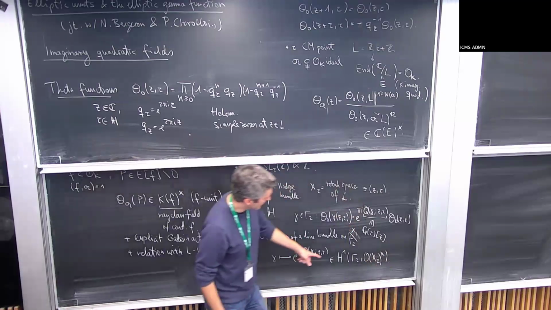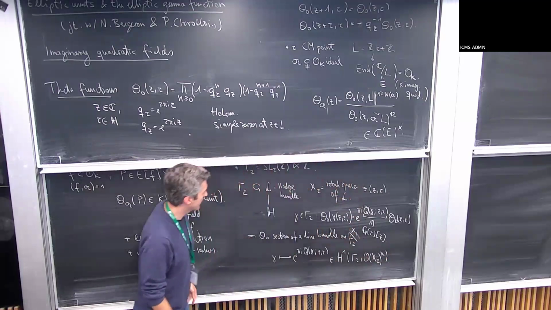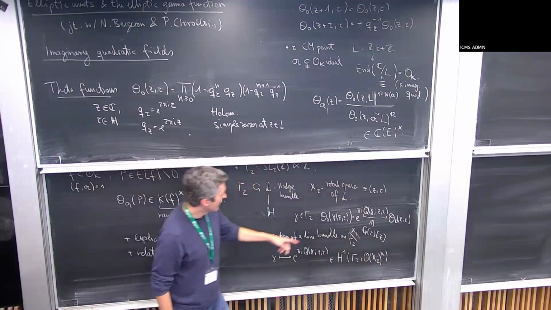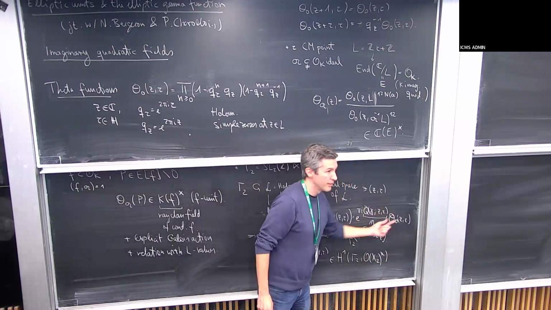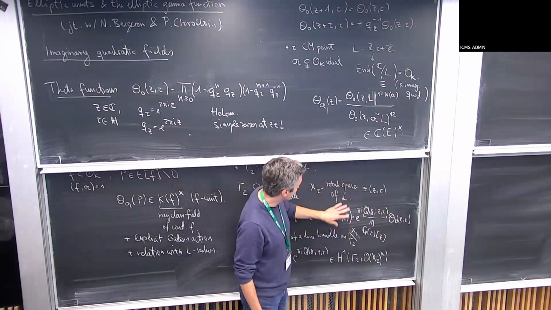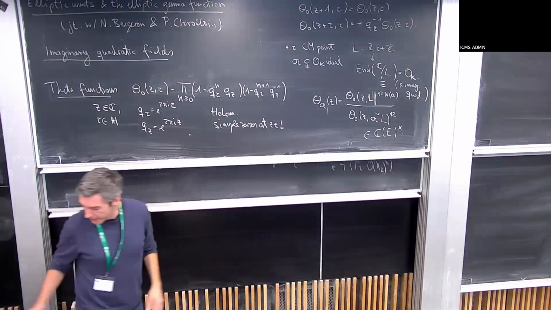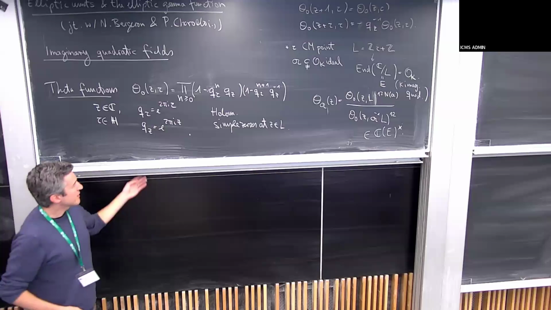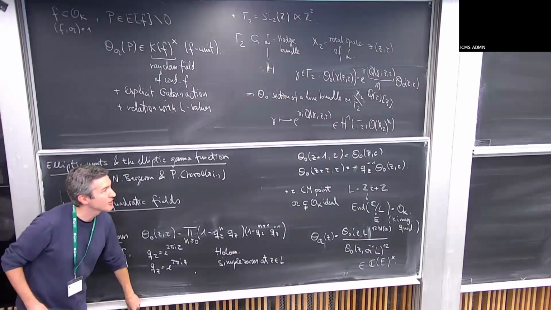So this is a group that classifies line bundles on this quotient. And this condition here says that we're writing this cocycle as a coboundary. So by definition, this is a section of this line bundle. Okay, so that's my review of how the theory goes for imaginary quadratic fields.